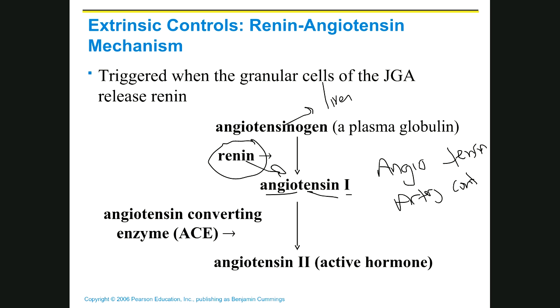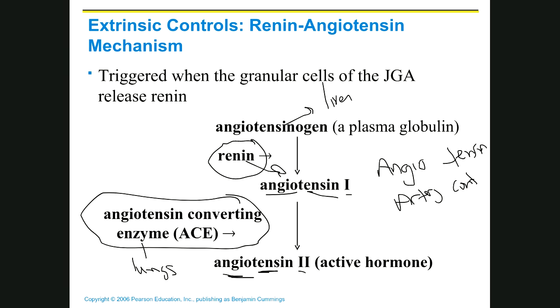But when it circulates, it comes across this enzyme. This is found in the lungs. It's found in some other places, but primarily in the lungs. And it converts it into angiotensin 2, which is a very, very active vasoconstrictor.